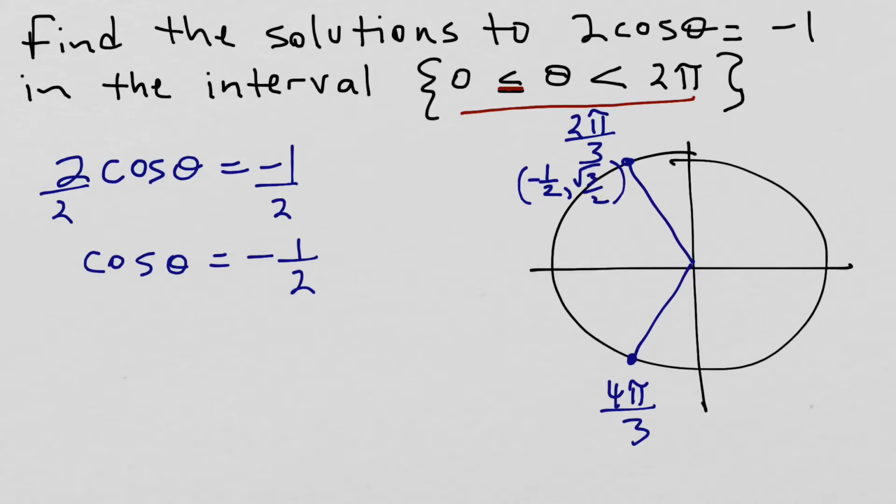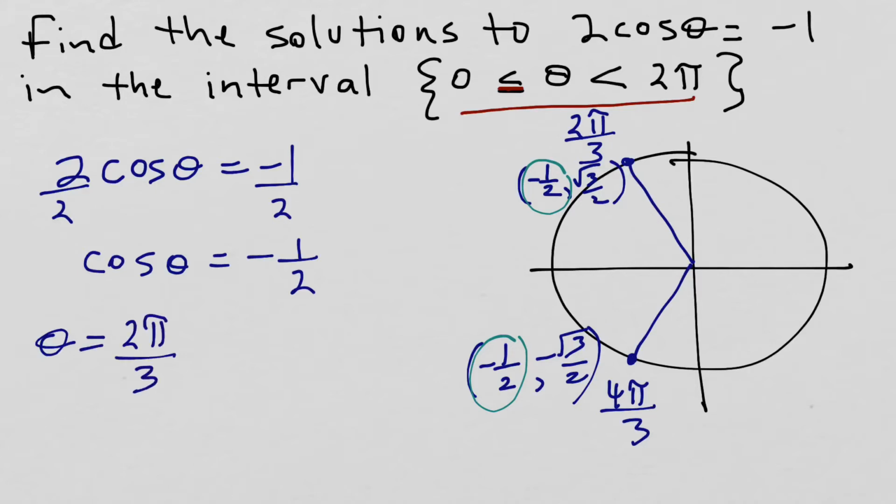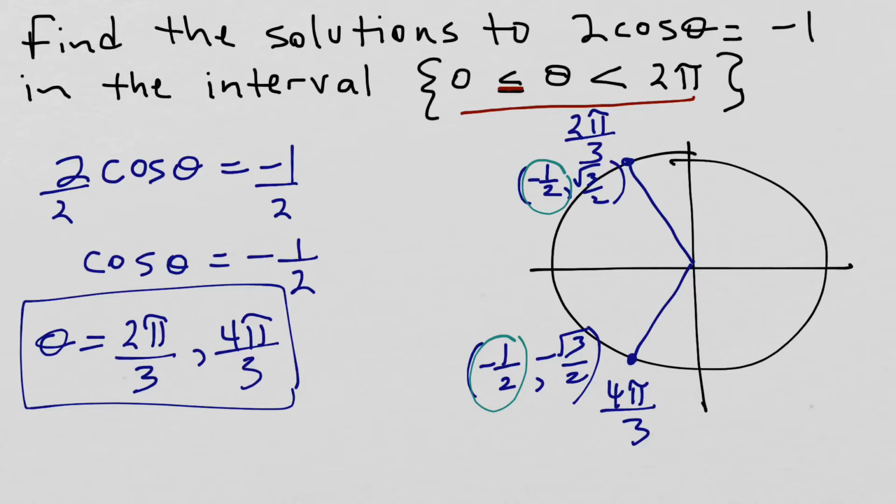And on this angle 4 pi over 3, you've got -1/2, negative √3 over 2. So we're looking for the cosine being -1/2. It occurs when theta is equal to 2 pi over 3 and also 4 pi over 3. So there's two angles in the interval 0 to 2 pi that have the cosine -1/2.